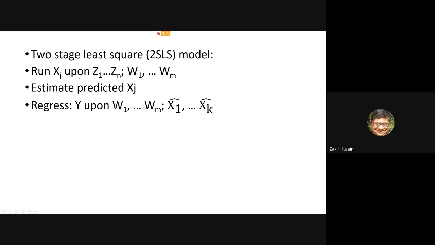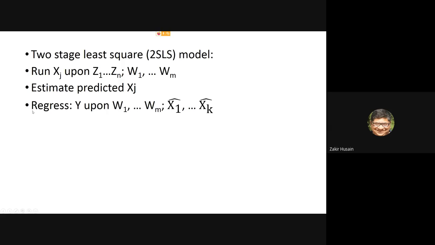So if we have 5 endogenous variables, we'll have to estimate 5 first stage equations. From each of them, we find the predicted xj: predicted x1, predicted x2, and so on.